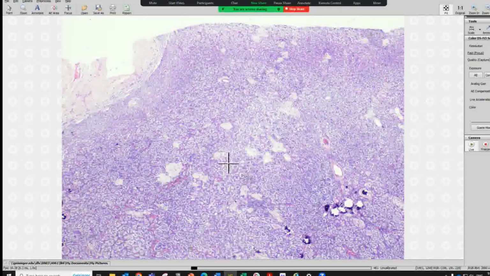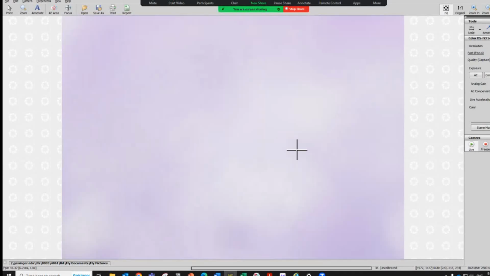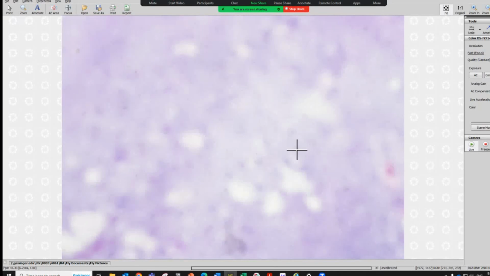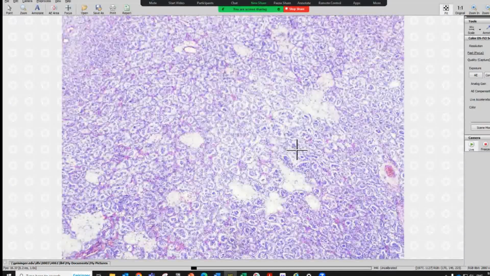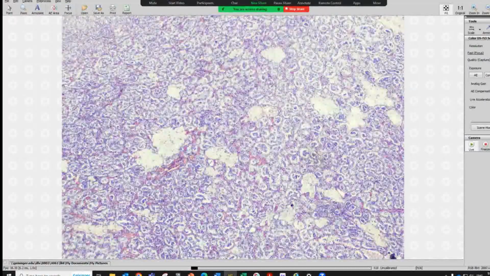Maybe on the screen, you could not see this area really well. You may think, definitely, this is stroma area. I can go to high power to show the difference. Maybe higher, it seems the screen resolution is not really good.